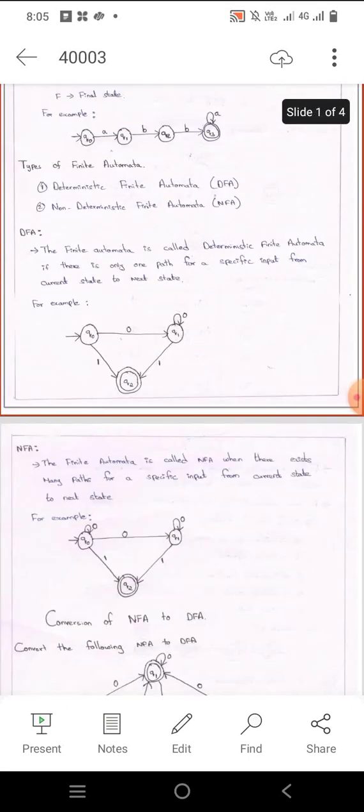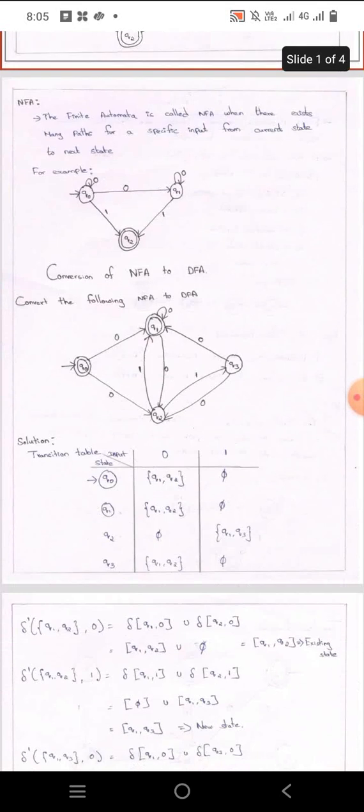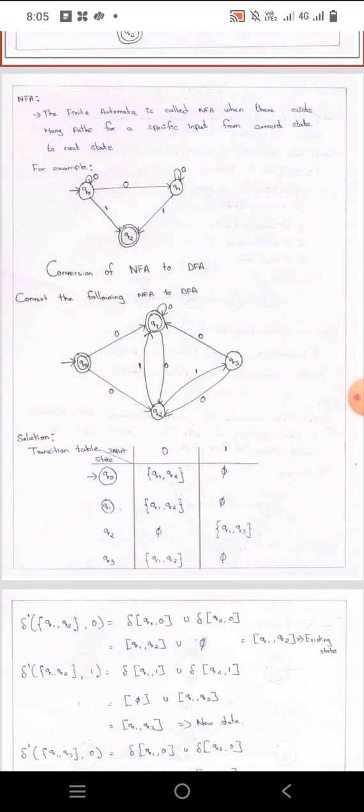Whereas NFA means there is no such rule. That means the finite automata is called NFA when there exist many paths for a specific input from a current state to a next state. From the given example, see, there is a transition of q naught comma 0, it reaches q naught also, and also transition of q naught comma 0, it reaches q1.